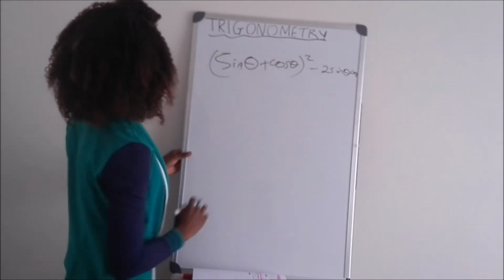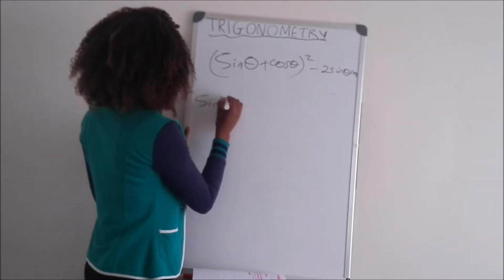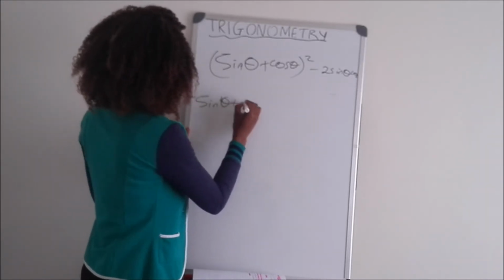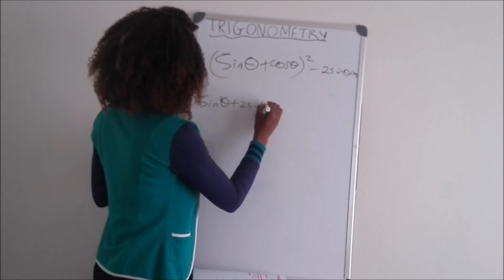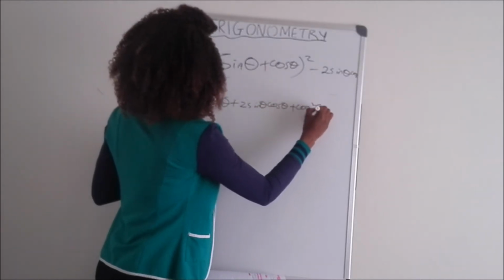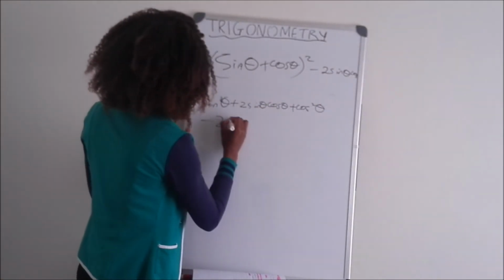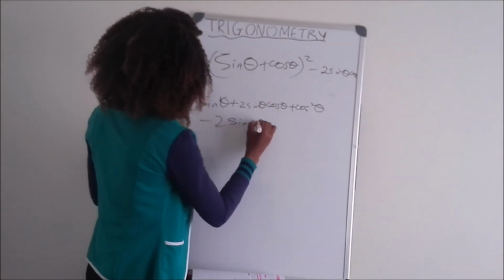From this one here, multiplying out, it will be sine squared theta plus 2 sine theta cos theta plus cos squared theta, minus 2 sine theta cos theta.